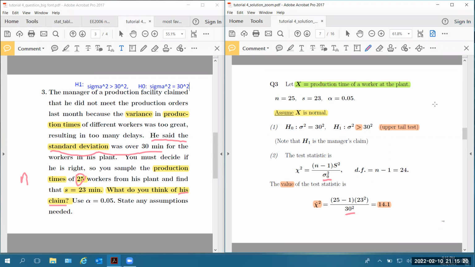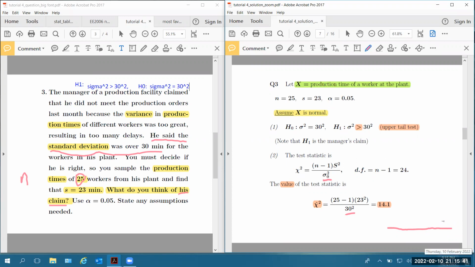Notice that this is upper tail. I'm going to draw here. Now, what should we draw?